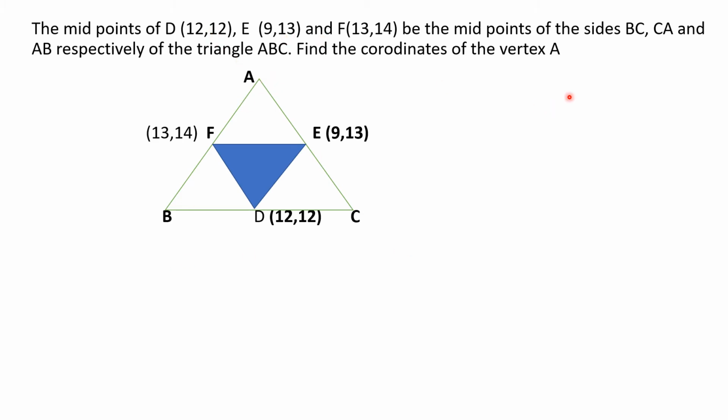They have given for BC, D is the midpoint (12, 12). For CA, E (9, 13) is the midpoint. For AB, F is the midpoint (13, 14). So find the coordinates of the vertex A.